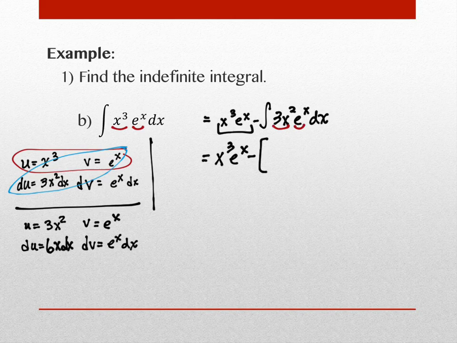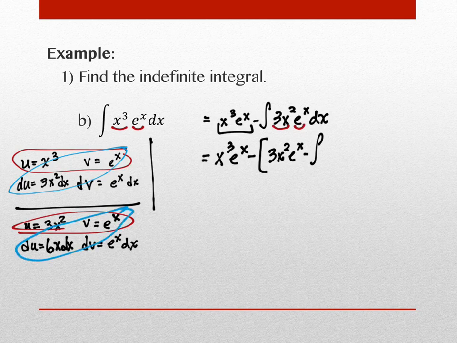I'm going to put a bracket here, and we'll make sure we distribute the negative before we're done. And I come back over here, and I need to multiply across the top. So I have 3x squared and e to the x now. So 3x squared e to the x minus the integral, and I use my other diagonal. So my other diagonal gives me 6x e to the x dx.